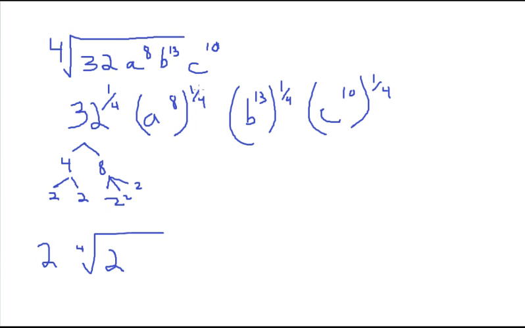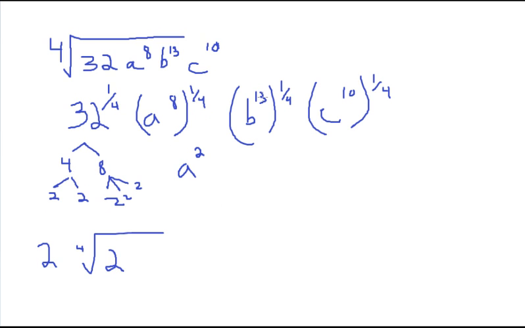So what we're gonna do is multiply this. 8 multiplied by 1 is 8, divided by 4, so that's just going to be 2. So a to the power of 2, and then we can put these together. 13 times 1 is 13.